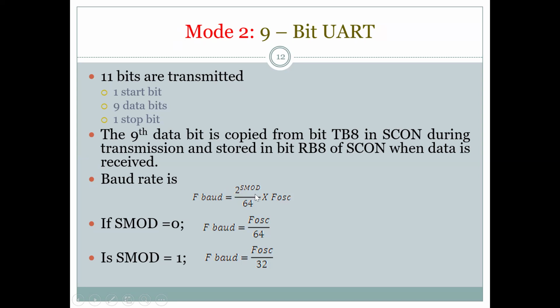When I take SMOD 0, the baud rate is F oscillator by 64. If SMOD is 1, the baud rate is F oscillator by 32. There is no term related to TH1 here, so it is a fixed baud rate. You can't vary the baud rate because F oscillator is fixed, which is 11.0592 megahertz. So F baud is fixed.